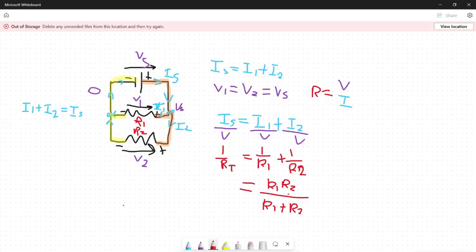So this formula has its uses, but one thing you have to seriously remember is this only works when you have two resistors. If you have three resistors, there is a different formula to use. So do not use this if you have more than two resistors. Do not, because you will get the answer wrong. You cannot just say R1 times R2 times R3 over R1 plus R2 plus R3. You will get the question wrong. If you're working with three, rather use the first one.